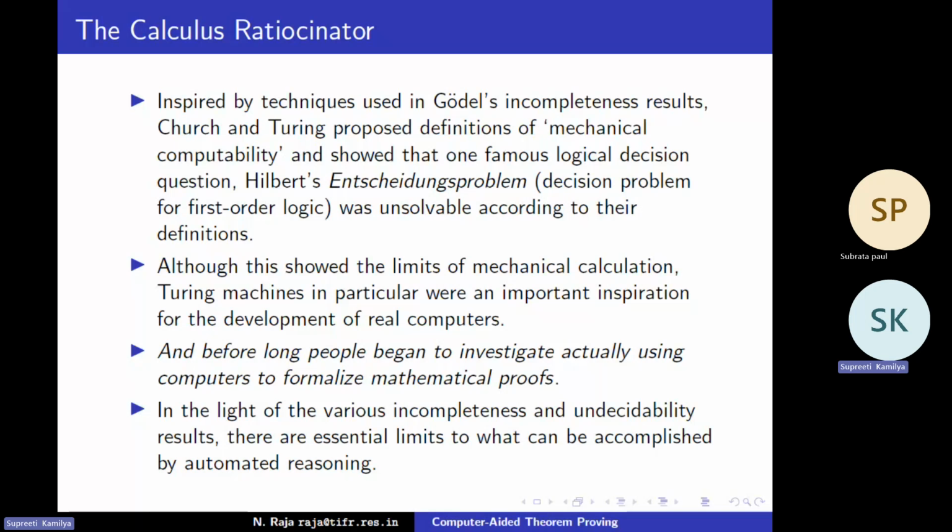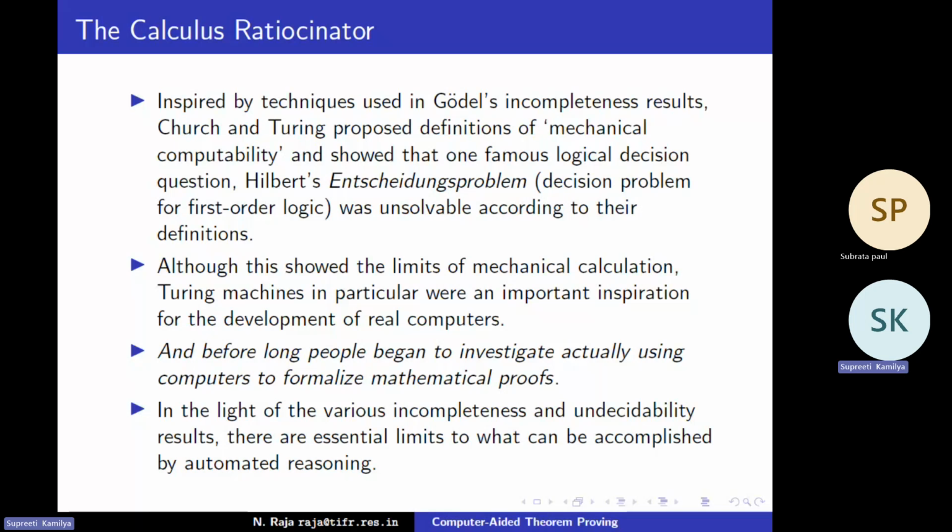There were a lot of negative results, and one of the outcomes was computers, which are now being used to formalize mathematical proofs. In the background of all these incompleteness and undecidability results, there are of course essential limits to what you can do with automated reasoning. If you want a computer program which will automatically prove theorems, you just give it a theorem and it will prove it for you, those things don't exist.